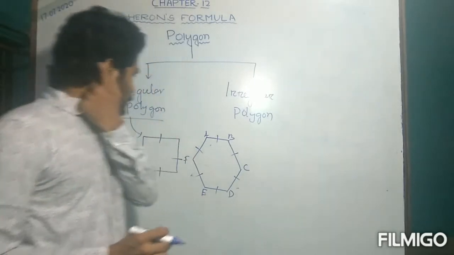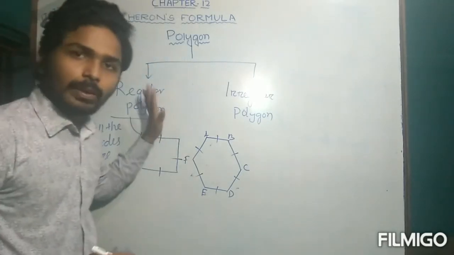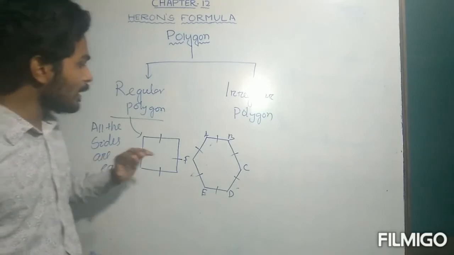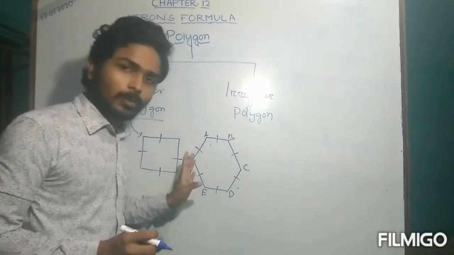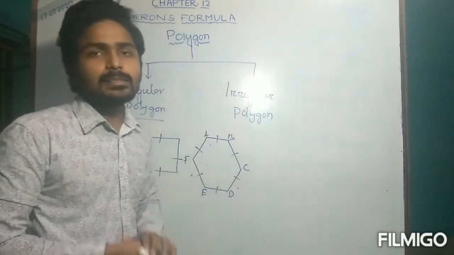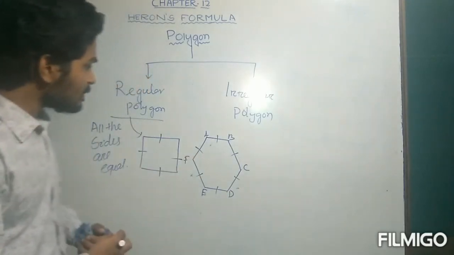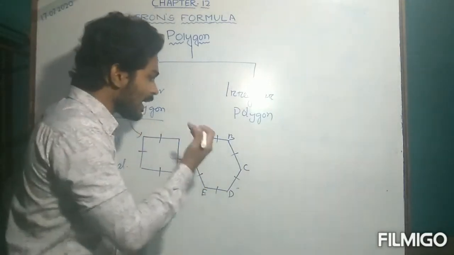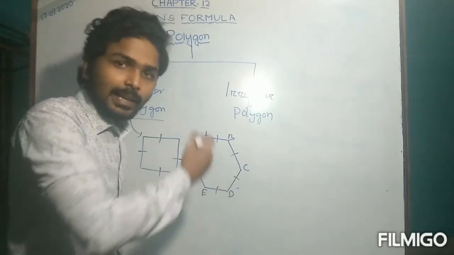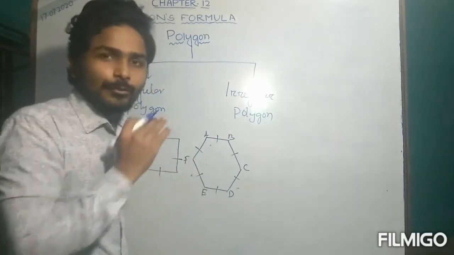Clear now? So all the sides must be equal for a regular polygon, and one thing you have to remember is that if all the sides are equal, then all the interior angles must be equal. Interior angles means the angles lying inside the closed geometrical figure.